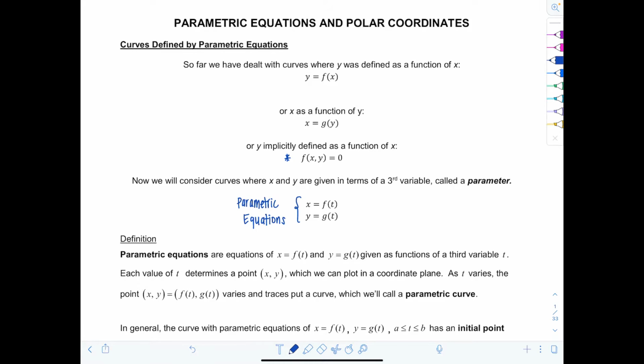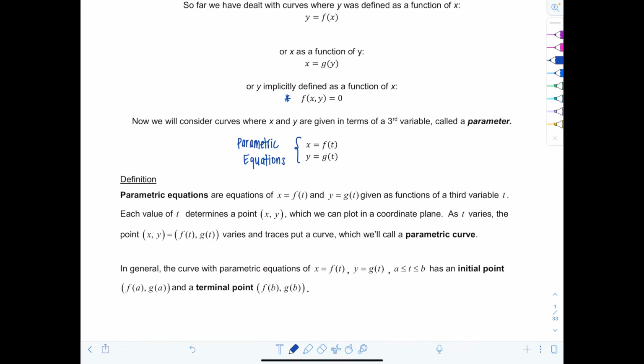Now let's get some definitions out of the way. Parametric equations are equations of x equals f of t and y equals g of t, which are given as functions of a third variable t. T you do not see when you graph. Okay, so you're still just going to be tracing curves in the xy plane.